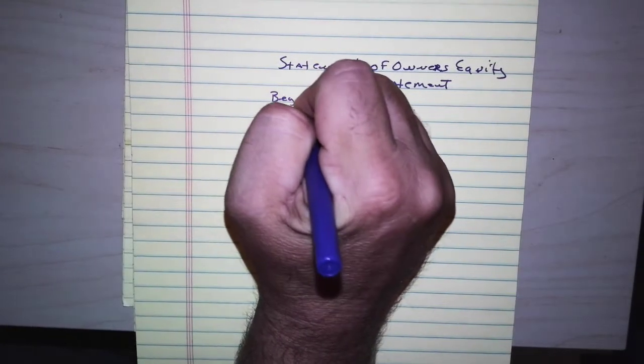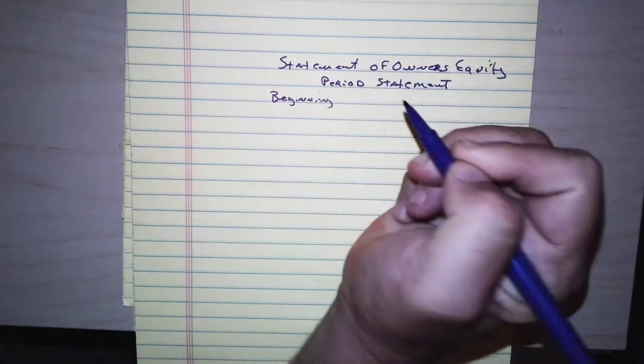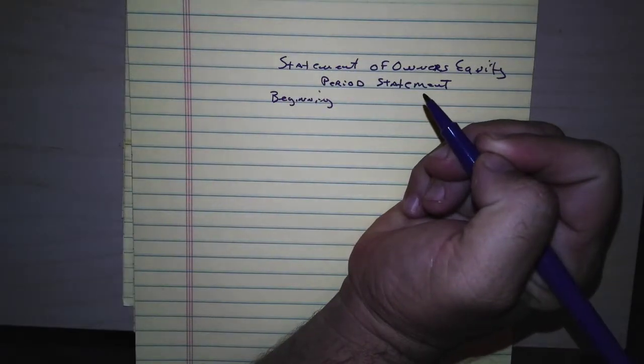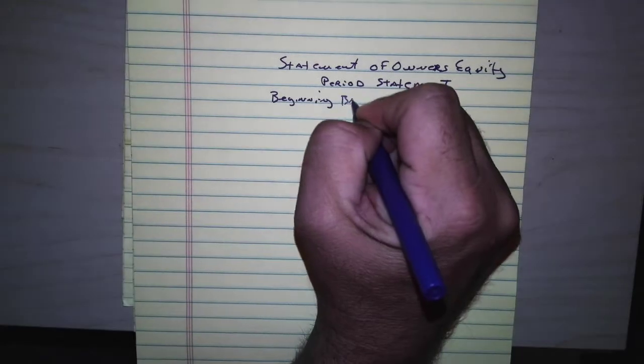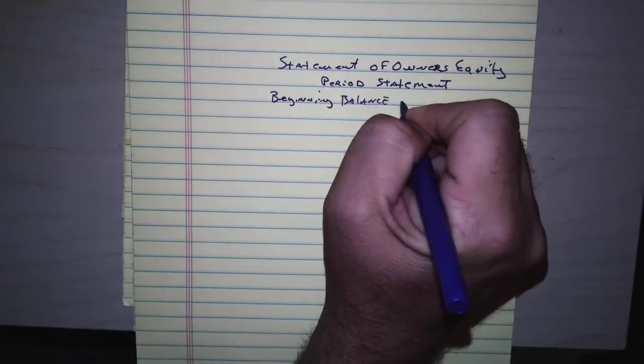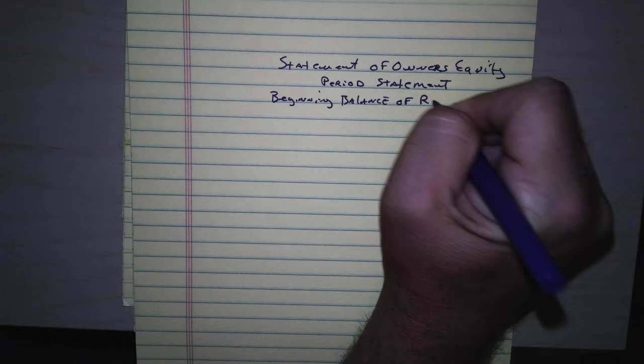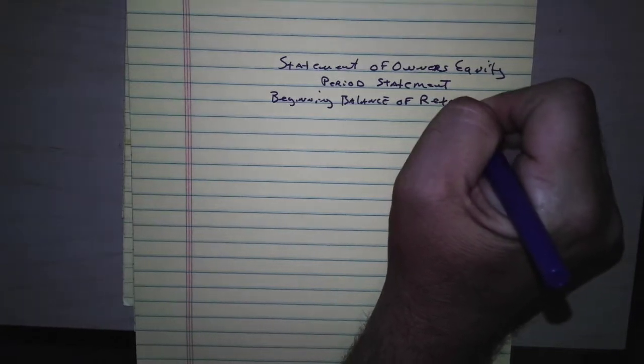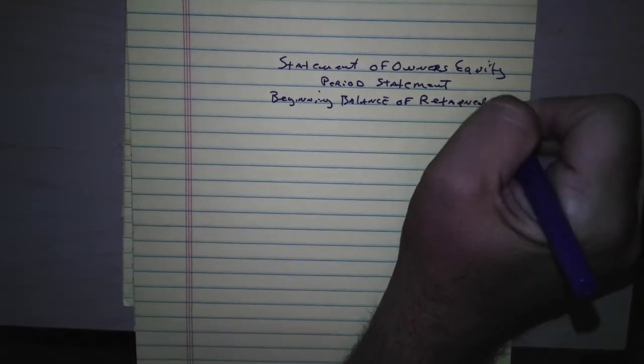All right, so it starts out with what we call a beginning balance of retained earnings.